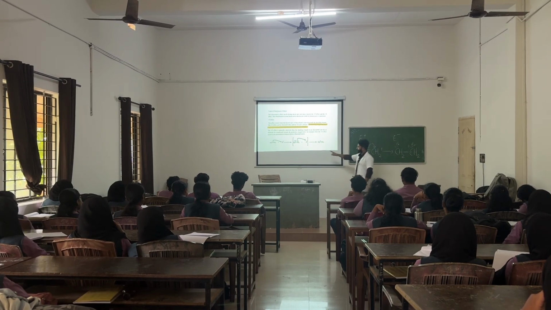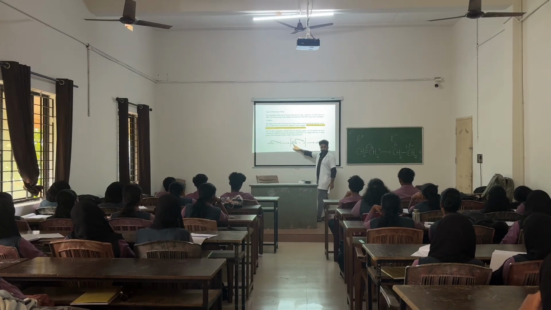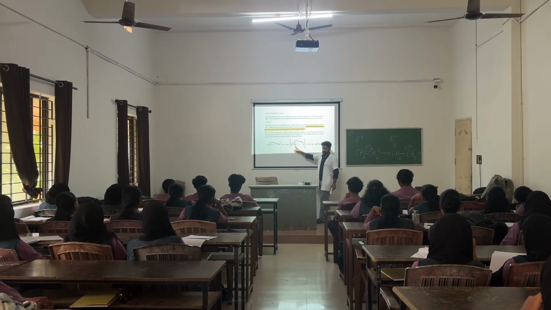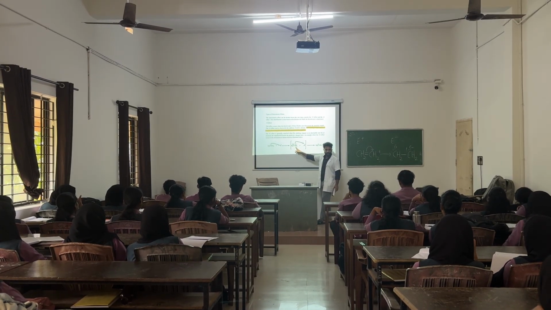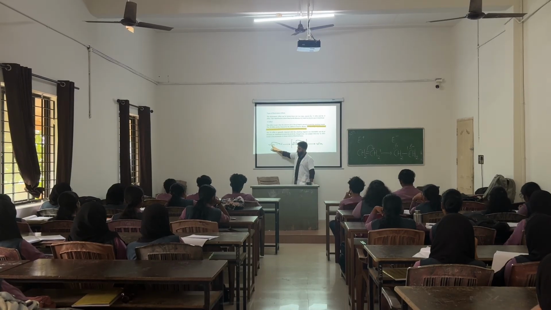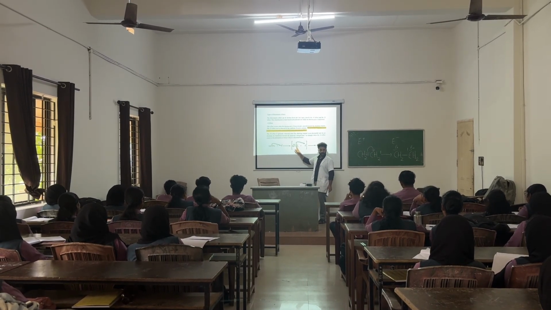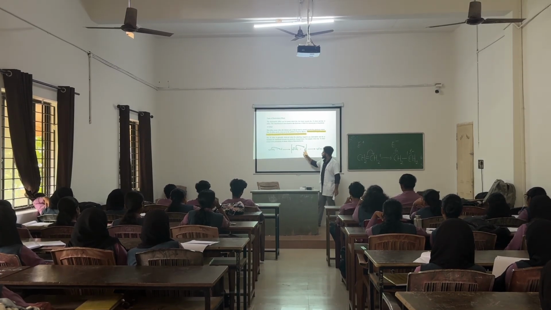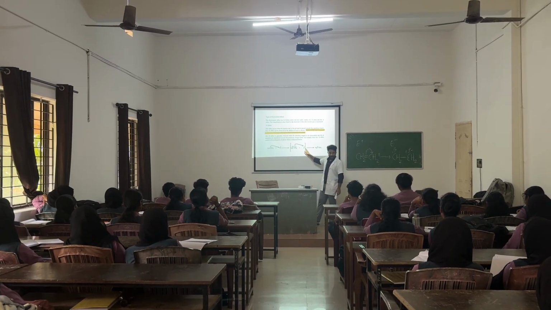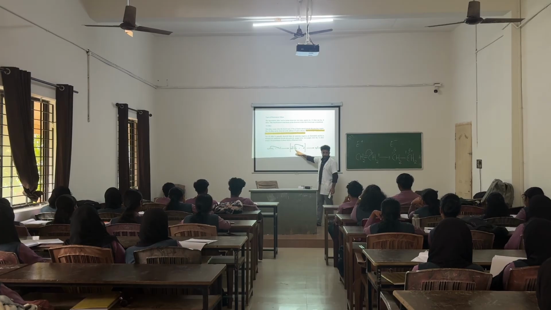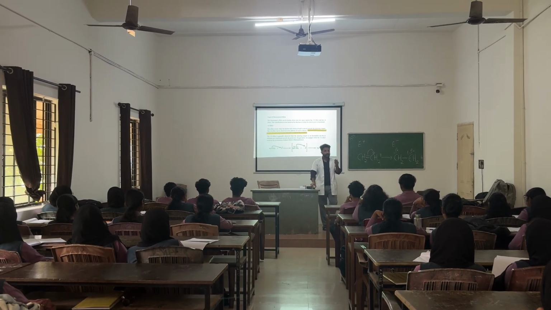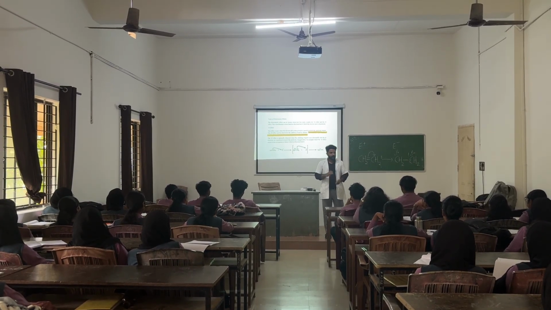The left carbon will get a partial positive charge and the right carbon will get a partial negative charge. This is because the pi electrons are shifted towards this carbon atom. Then we can see that the attacking reagent is attacking the carbon atom that accepted the electron pair. Understand?